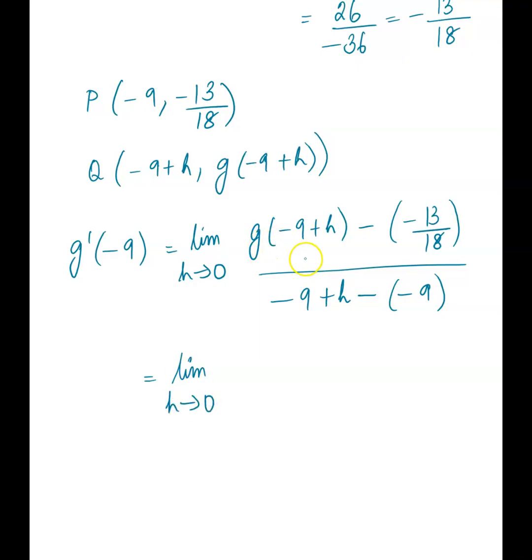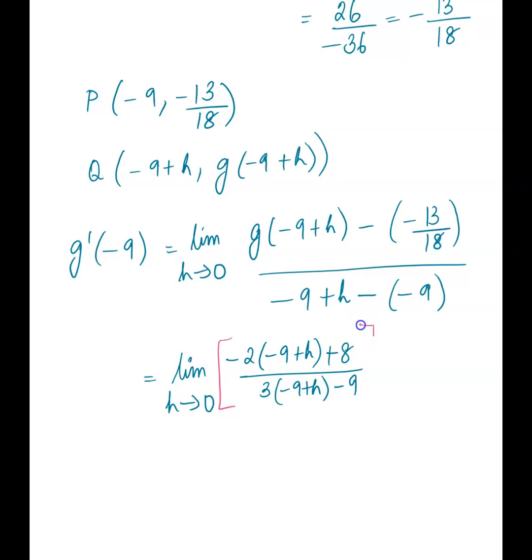G of -9 plus h will be -2x plus 8 over 3 times x minus 9, so -2 times (-9 plus h) plus 8 over 3 times (-9 plus h) minus 9.